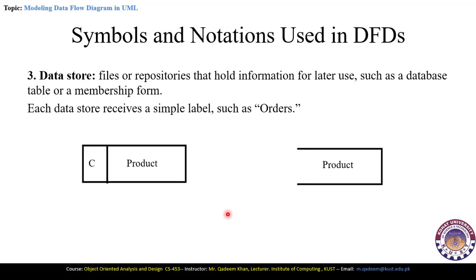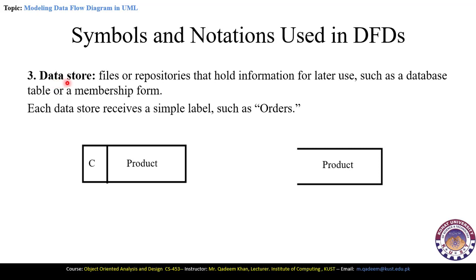The next important symbol or notation used in the data flow diagram is called the data stores. As its name indicates, the data store represents the storage of the actual data which are used by the project. So the data stores contain different sorts of databases or tables which will be used by the processes.